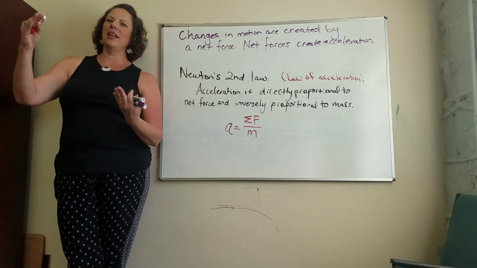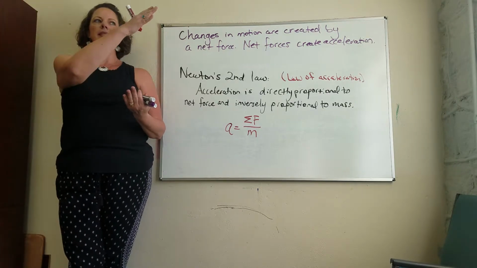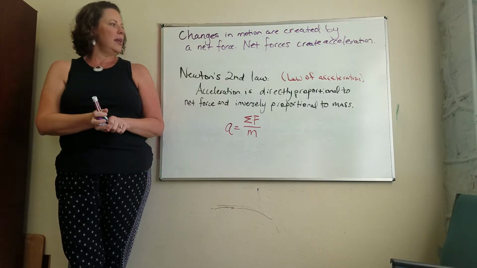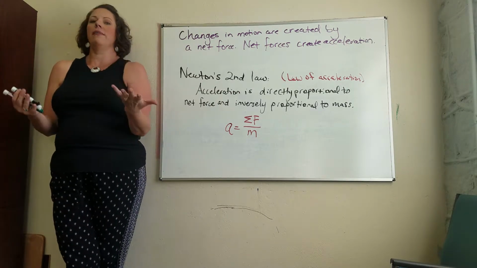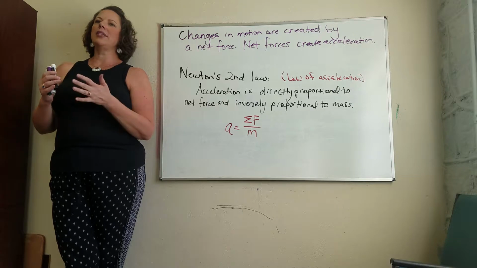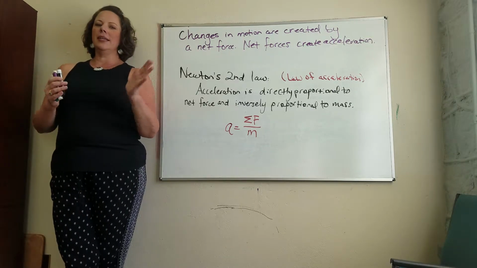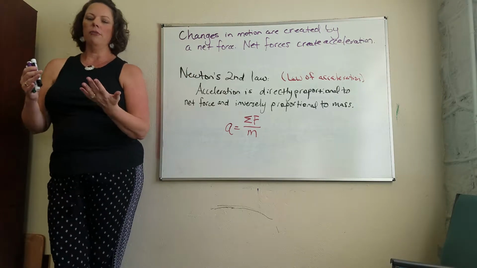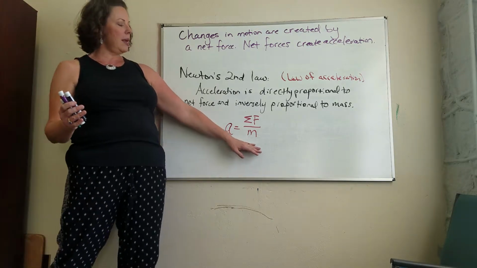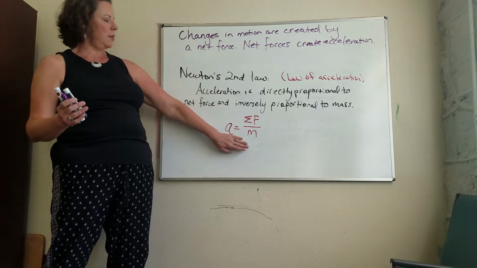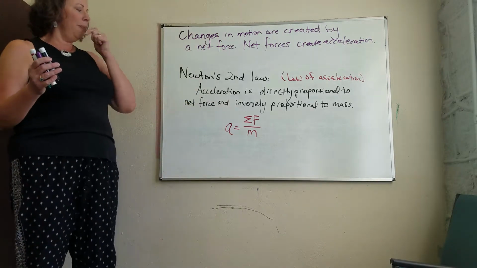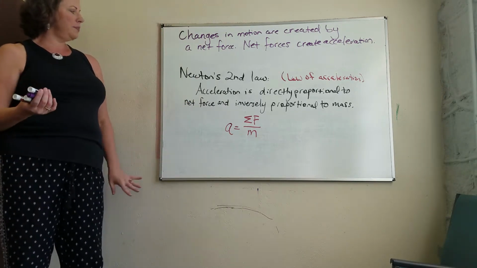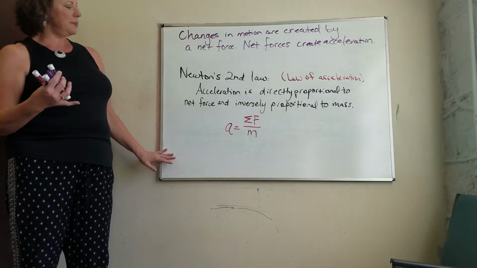And why does it accelerate on the way down the ramp and then decelerate on the way up the ramp? And he attributed all that to components of the gravity that are acting on the ball. So he was able to take the ideas that Galileo started and formulate them into this really pretty mathematical relationship. This is what Newton came up with based on his own studies and on what Galileo had done.